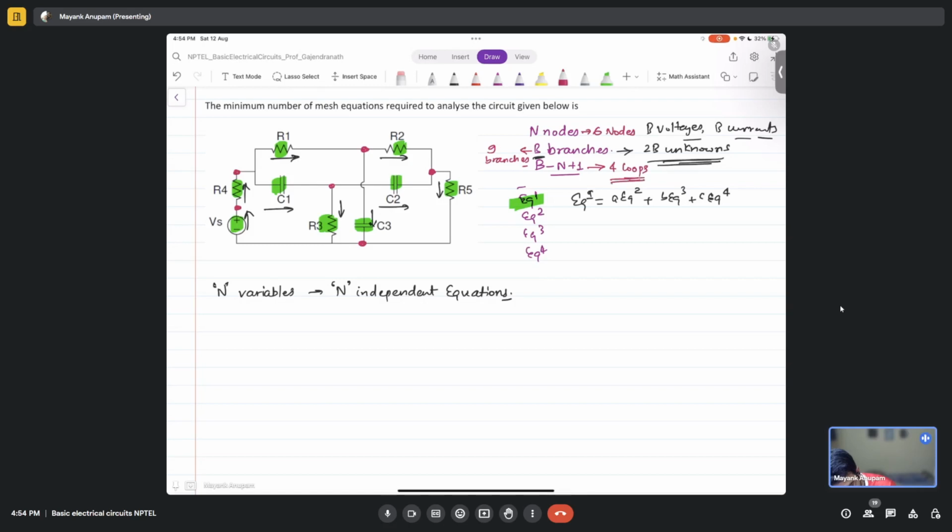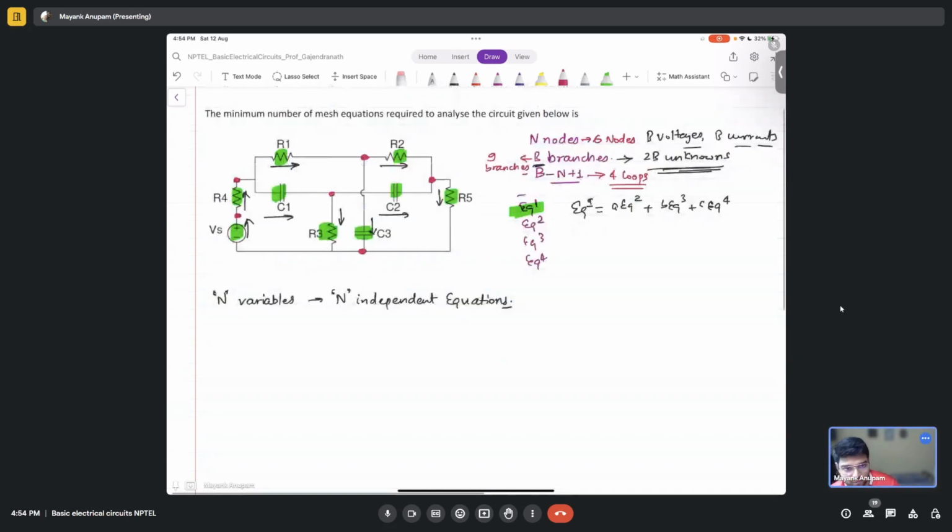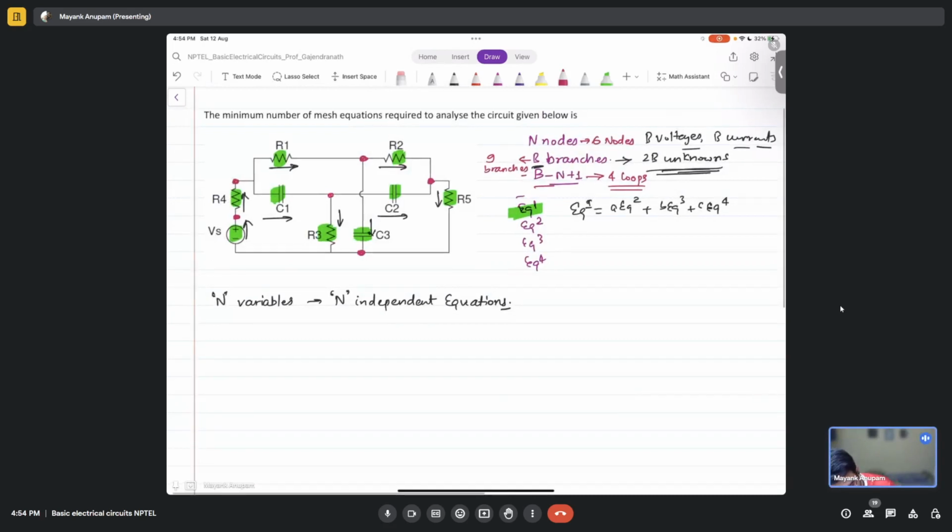So from here you see clearly that you can form four loops. Four independent loops you can form here. Is that fine? This way of explaining is fine. You can clearly find four loops here.